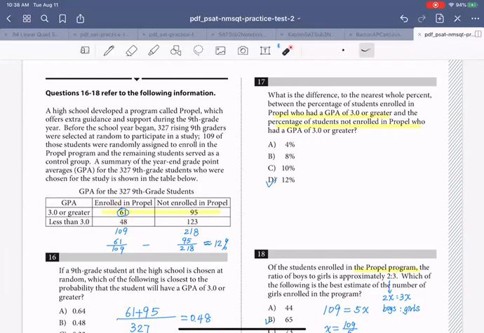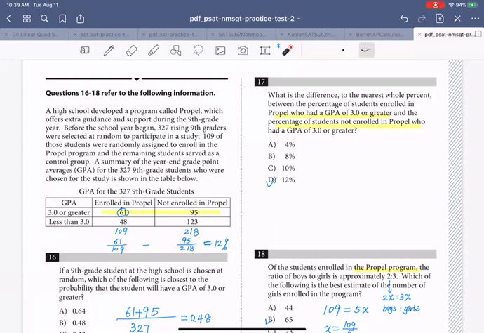This conclusion is wrong, because you didn't make a fair comparison. You have to use your number of people who get 3 or above divided by your total amount of people, right? Then the percentage is the correct thing to compare. That's why you want to do the division, okay?